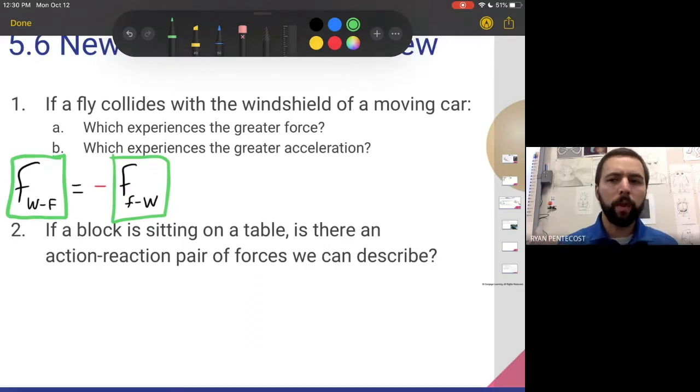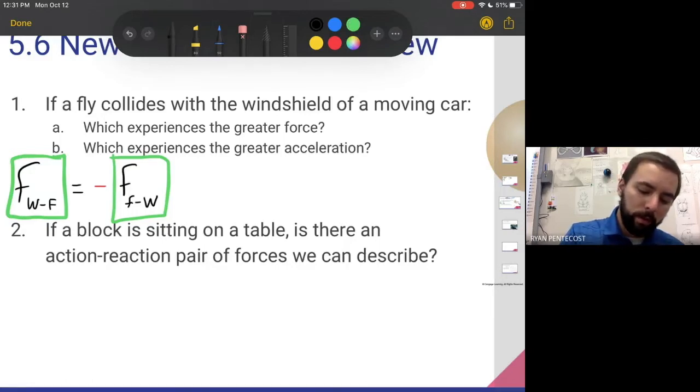Now, one of them is going to feel it a lot more than the other, right? Your windshield does not get cracks and dings every time a fly runs into it, but those flies definitely feel your windshield as they splat on it. So let's look at part B, which experiences the greater acceleration.